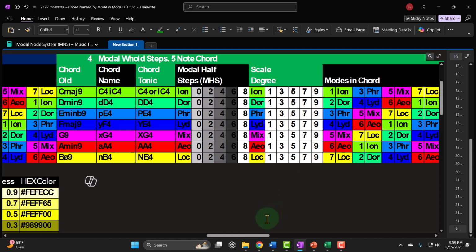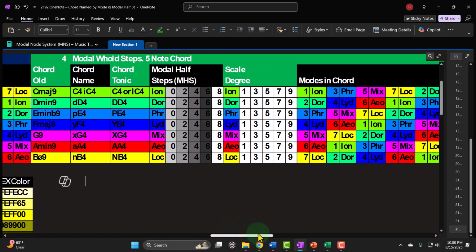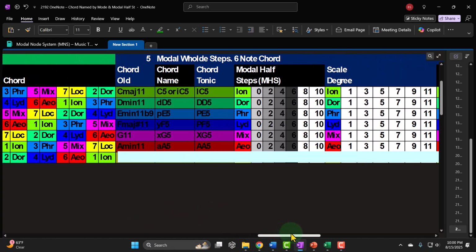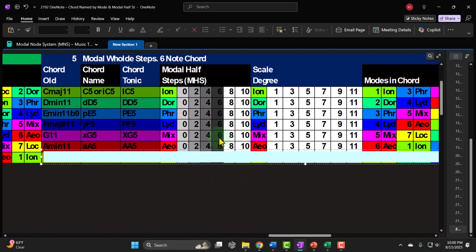We're naming this thing off of the last node, which is now the Ionian, because we left off on the 6, plus 2 is 7, and then 1. So the Ionian that we're naming this by, because it's the last one we're adding, is 8 modal half steps up, or the 9th scale degree, which is equivalent to the 2nd from a local scale degree standpoint.